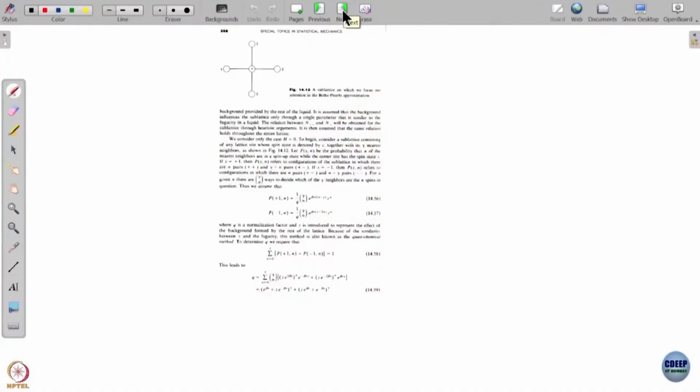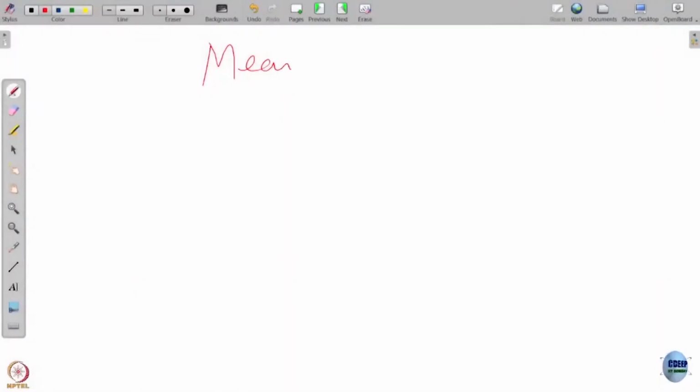So, the next level, which one does better with considerably more work, is the Bethe approximation, but we are not going to do that. So, we will stop here as far as mean field theory goes.